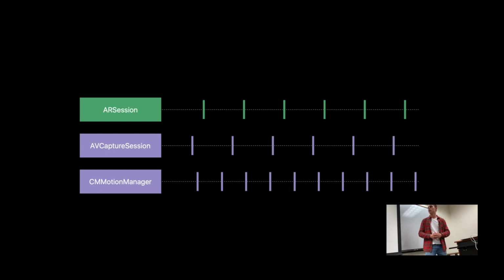If you choose to do more advanced tracking, you're going to have to keep in mind that CMMotionManager is updated more frequently to keep up with changes in the position and to allow for a more customized experience for the user. So if you're assuming that those are happening at the same time, just check that.